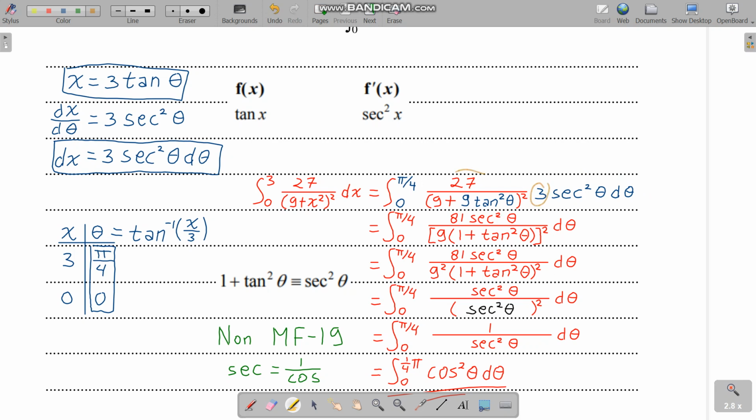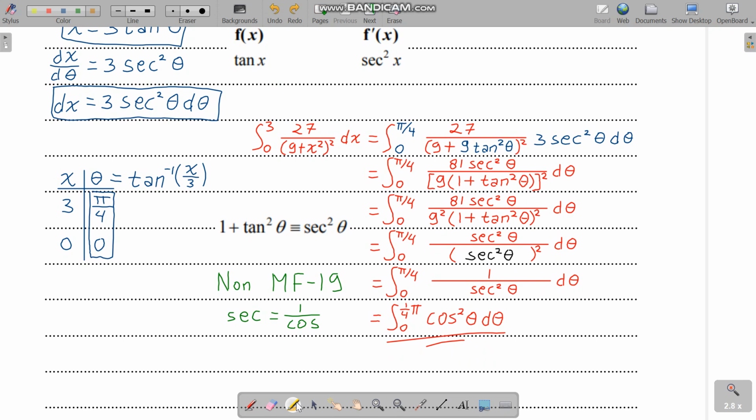Now we simplify. 27 times 3 is 81, and this is squared, and we can factor out the 9 here. So we have 9 times 1 plus tangent squared, and this is squared, so the 9 is also squared. 9 squared is 81, so that cancels out, and we use this MF19 trigonometric formula about the Pythagorean identity.